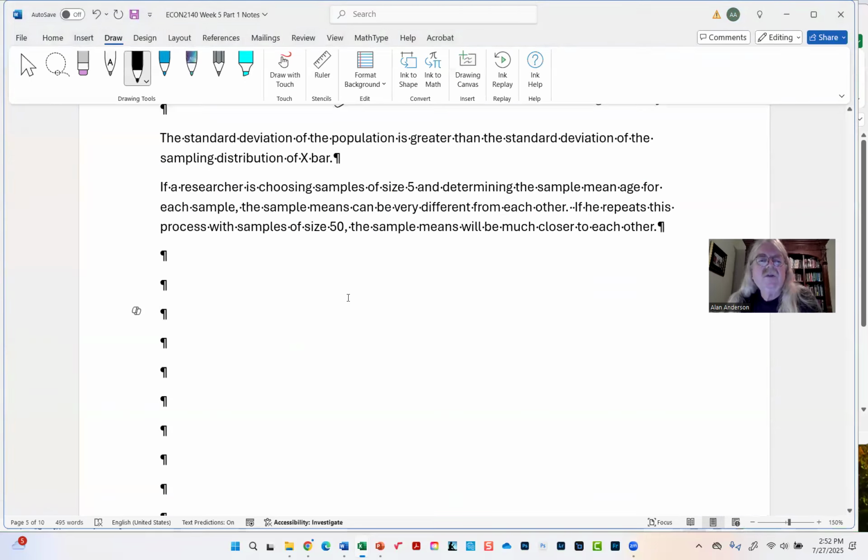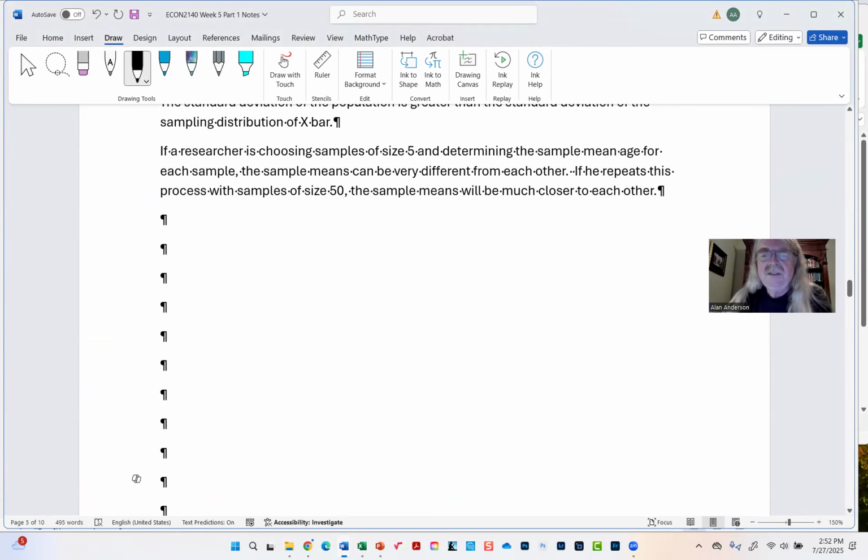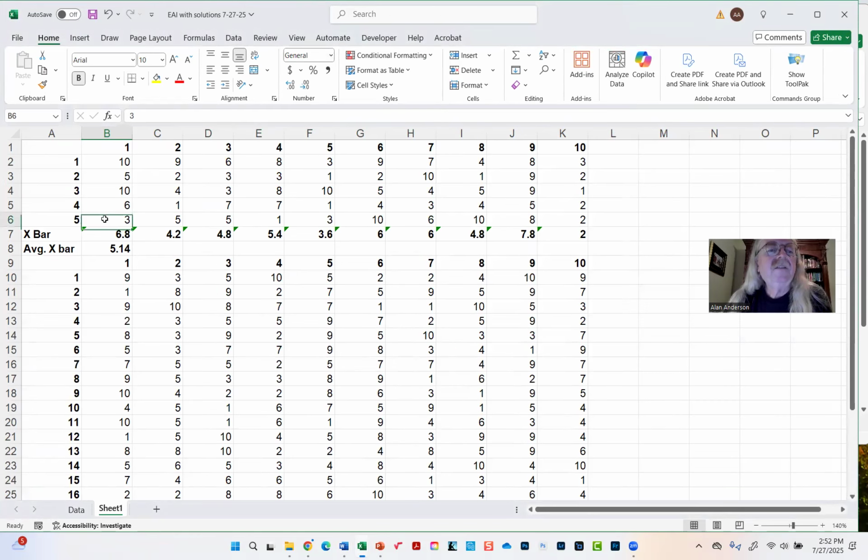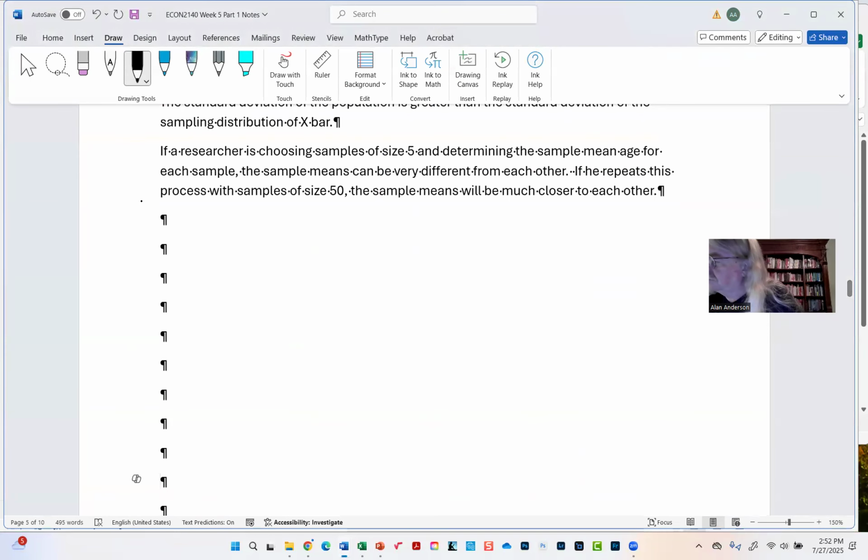So if you were to draw a histogram for these two cases, first with samples of 5, the histogram might look something like this.